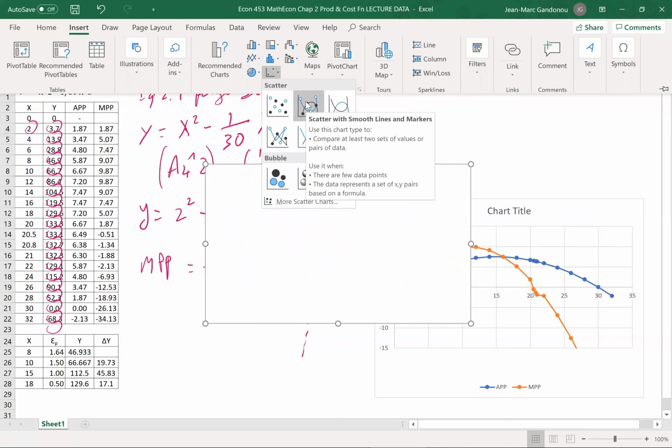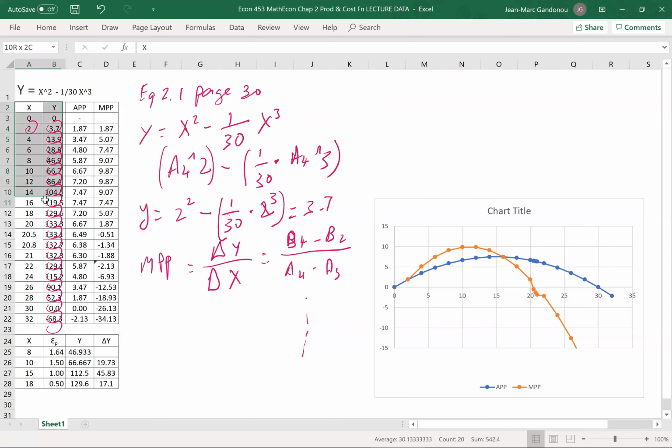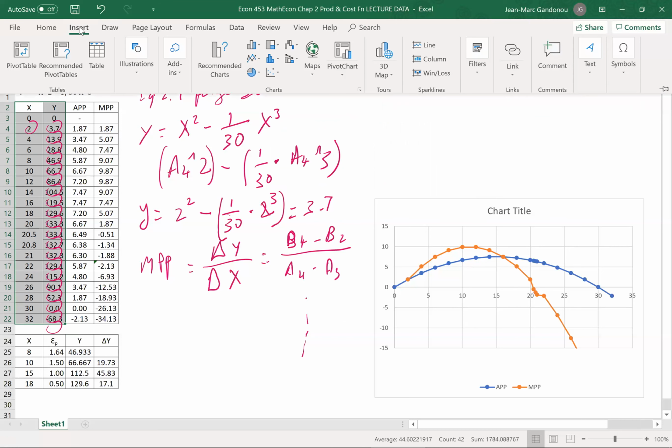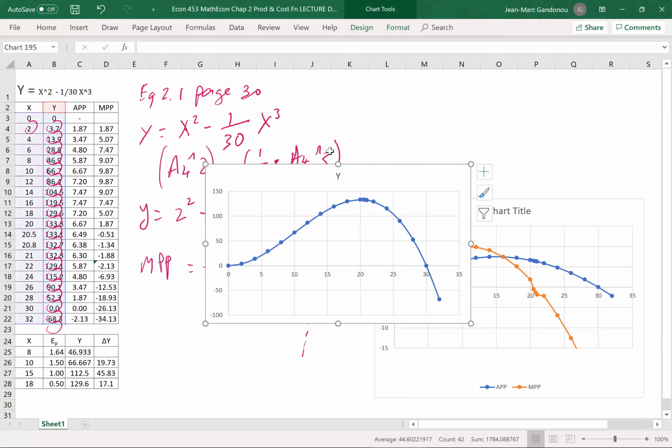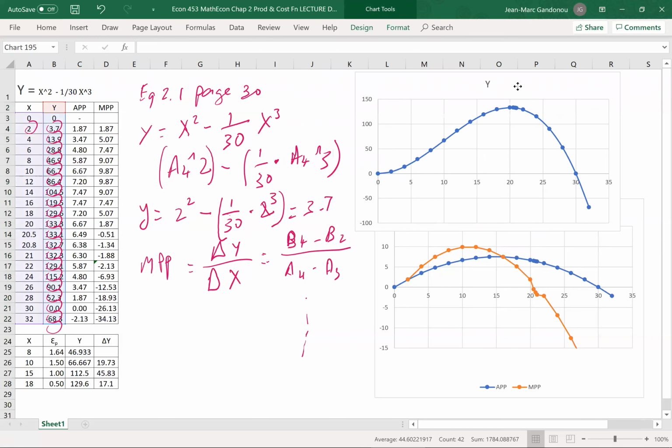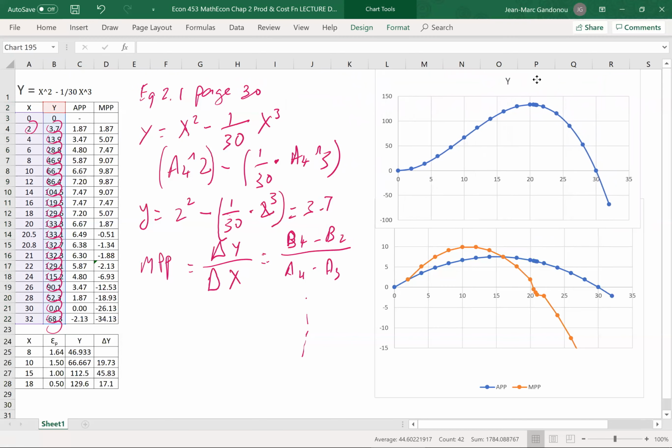Because you have X and Y. And so, oops, I need to select my function first. So I select this, and then I go to scatter with line because I want lines, and that's what I got here, right? That's my production function, okay? It's that easy, right? It's that simple.